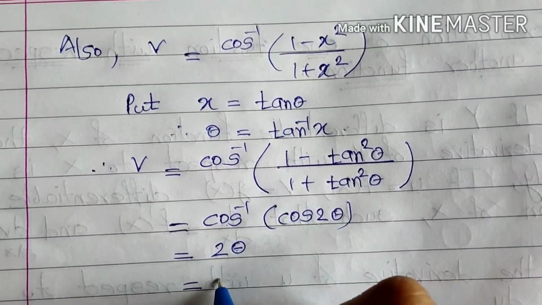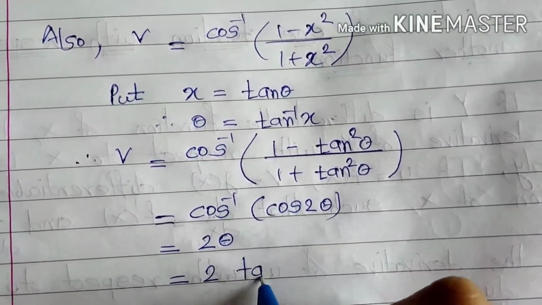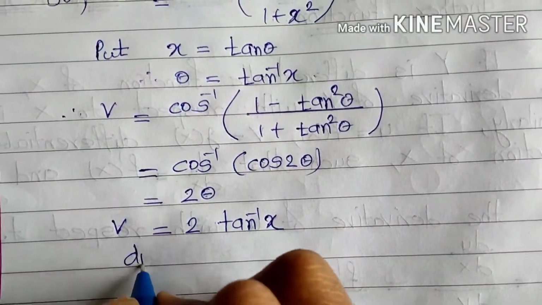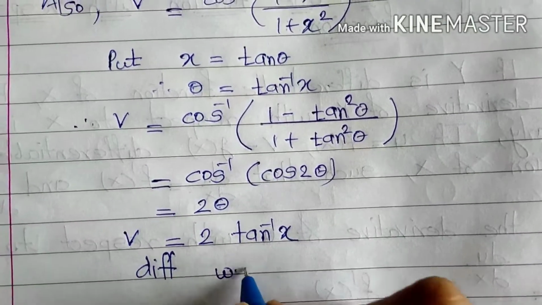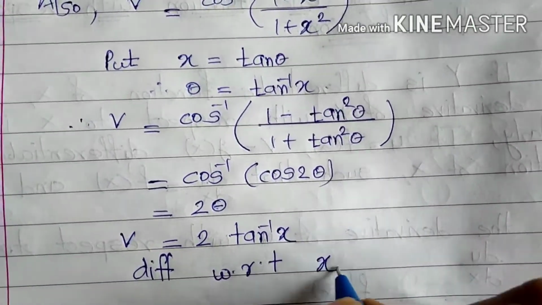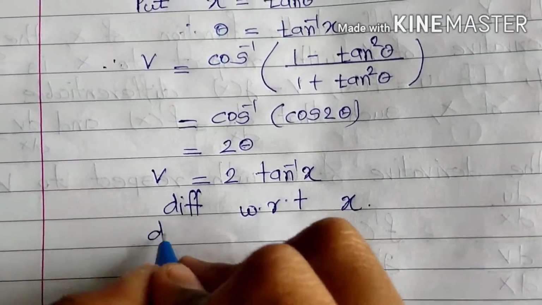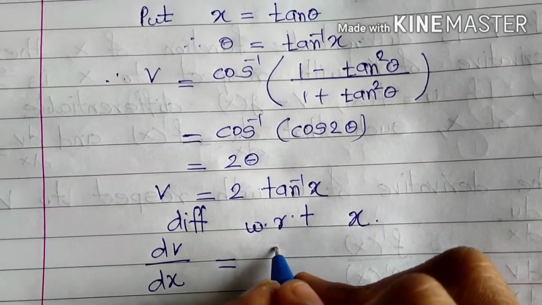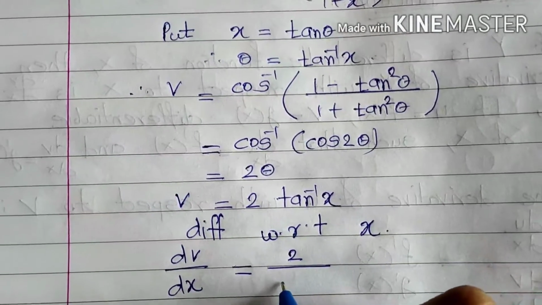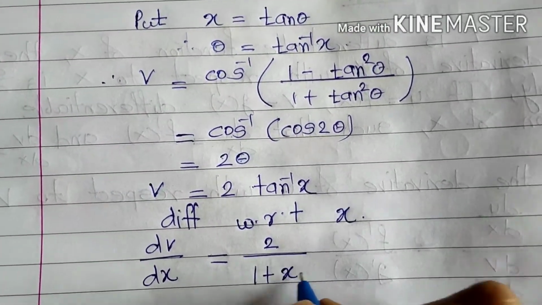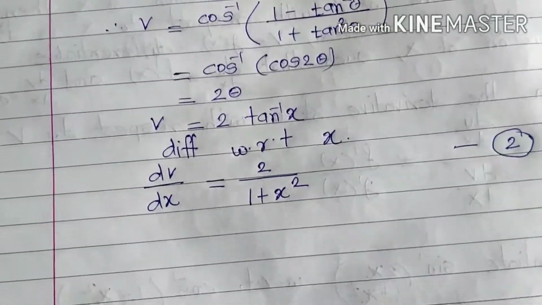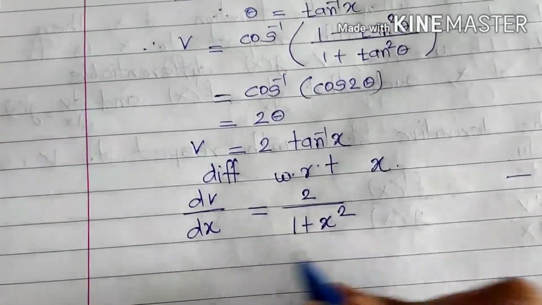So put the value of theta, which is tan inverse x. Now differentiate with respect to x. Therefore dv upon dx is equal to 2 upon 1 plus x square. Give it second.